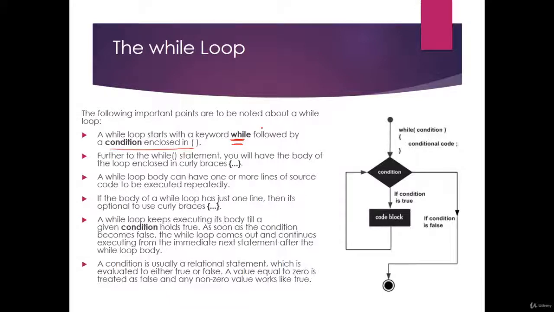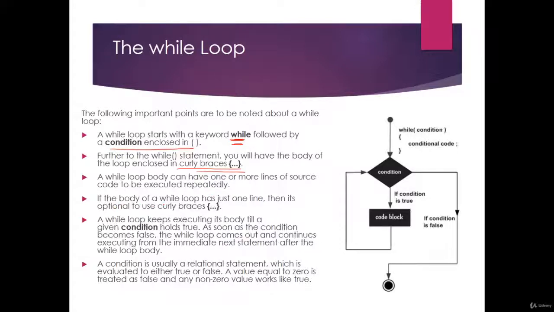It seems like an if statement, but in while it goes on repeatedly checking whether the condition is valid or not. After the while statement, you have the body of the loop enclosed in curly braces. A while loop can have one or more lines of source code to be executed repeatedly, the same as the if statement.